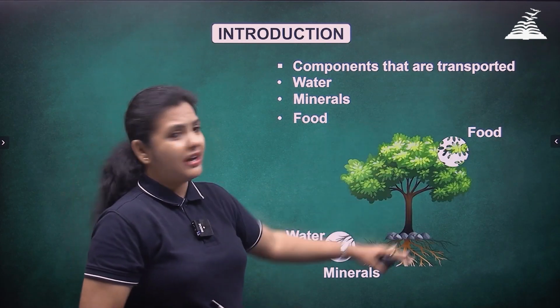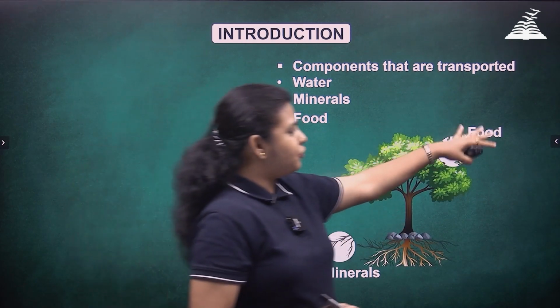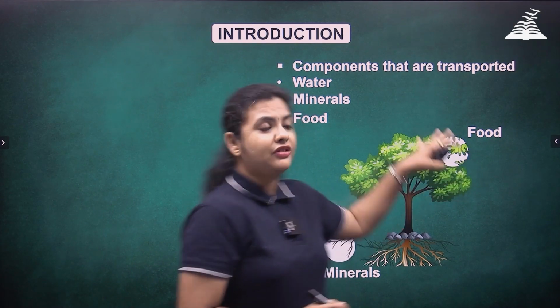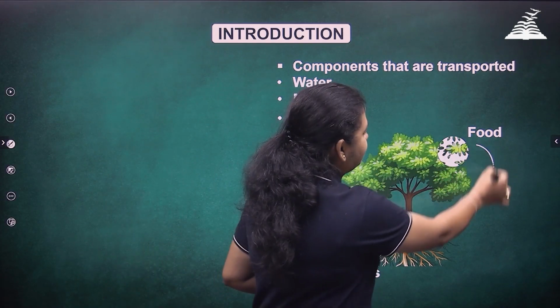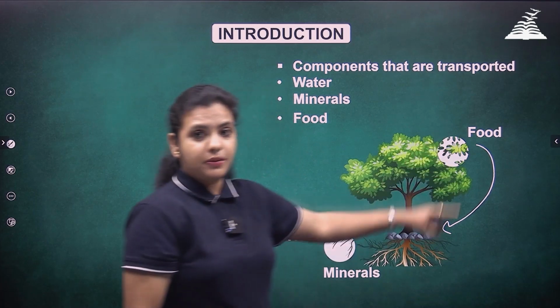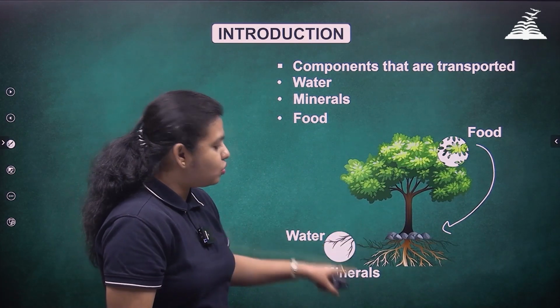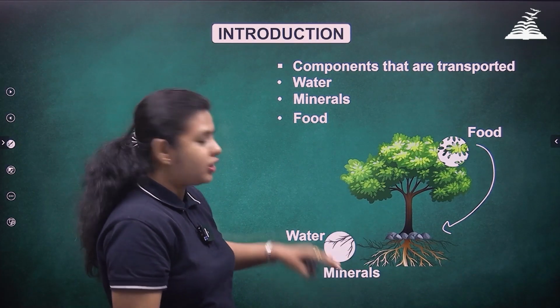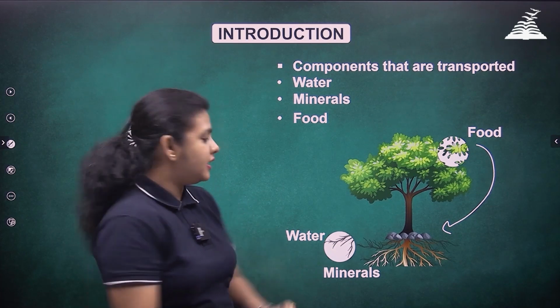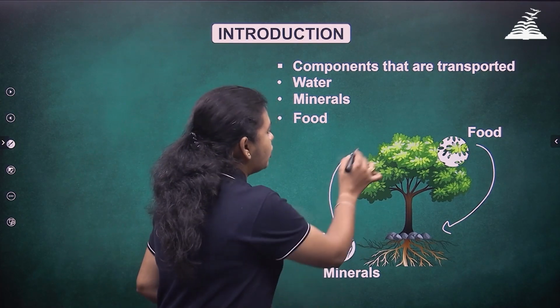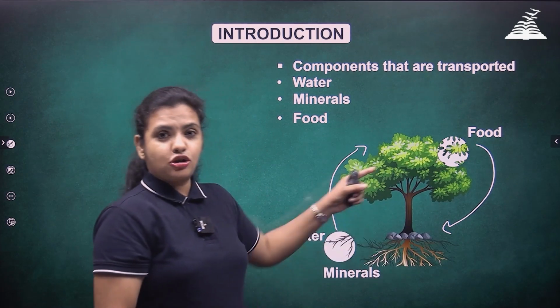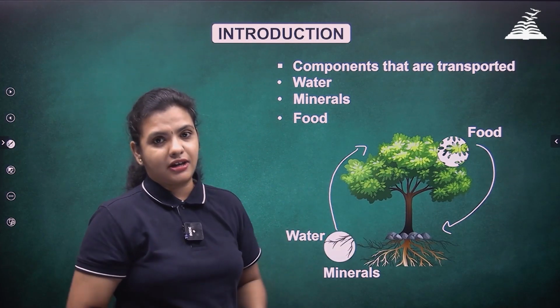Right? So look at the big tree here, students. You can see the food is made by the leaf and the leaf is going to send food to all the parts of the plant. And here the roots and the root hairs absorb water and mineral salts from the soil. They are going to transport it to all the parts of this big tree or the plant, right?